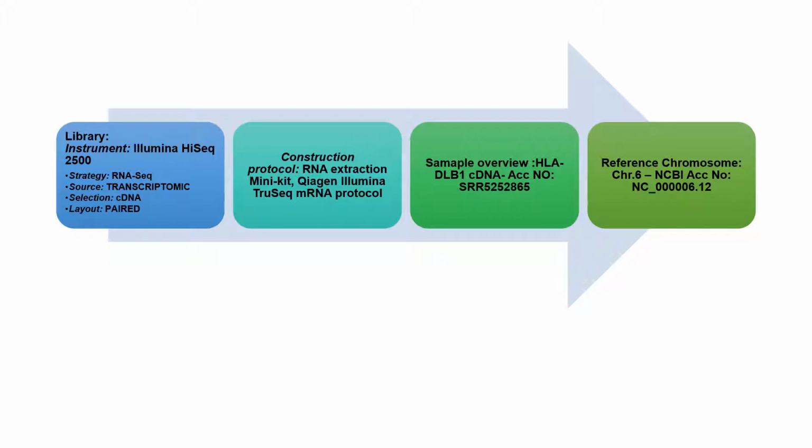The cDNA was sequenced using the Illumina HiSeq 2500, which clearly explains what the input was, which is the whole RNA sequence, and the result after next generation sequencing was paired cDNA. And the basic standard protocol followed is as follows.